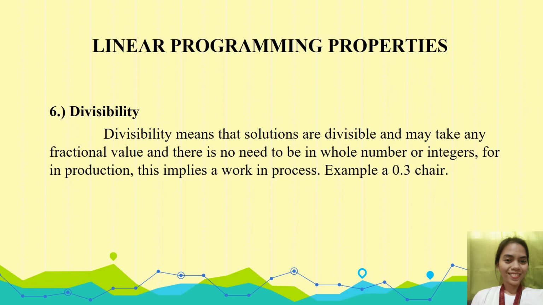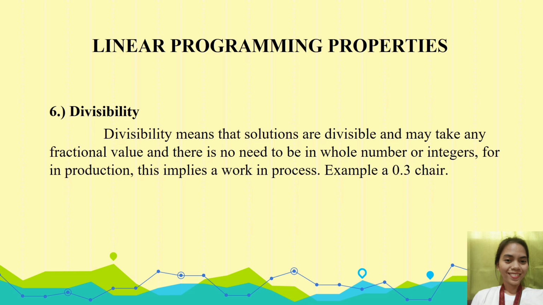Divisibility means that solutions are divisible and may take any fractional value, and there is no need to be in whole numbers or integers. In production problems, this implies a work in process. For example, a 0.3 chair means that it is unfinished, thus a work in process.